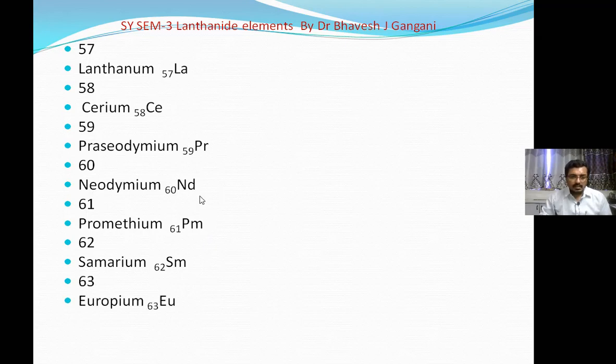Then 63, europium, symbol Eu. Then 64, gadolinium, symbol Gd. When we take the electronic configuration, you will observe that gadolinium has half-filled f orbitals; in its electronic configuration, the f orbital has 7 electrons. So in a set of three you can learn these names. Next, terbium, atomic number 65, symbol Tb.